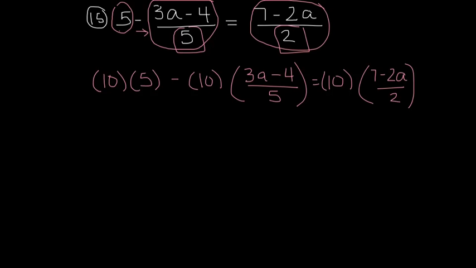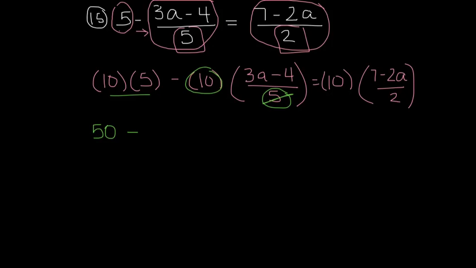Before I do that though, we'll start off with the 10 times 5, and 10 times 5 is just 50. Minus, I'm using the green now because I want to really emphasize this point, I have a times 10 divided by 5. 10 divided by 5 is 2, or 2 over 1.